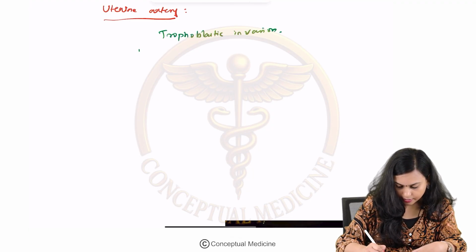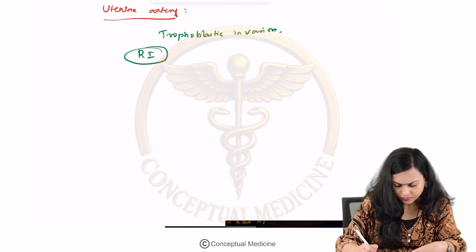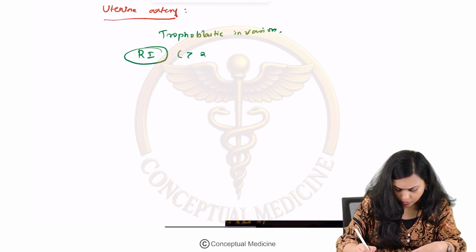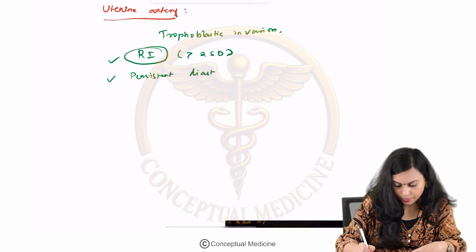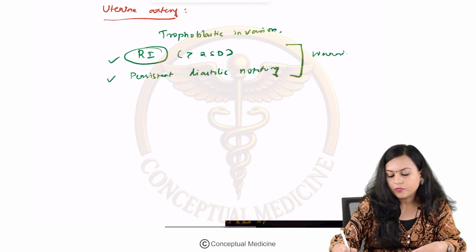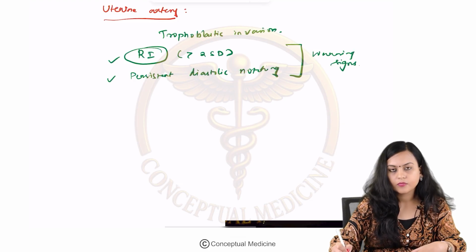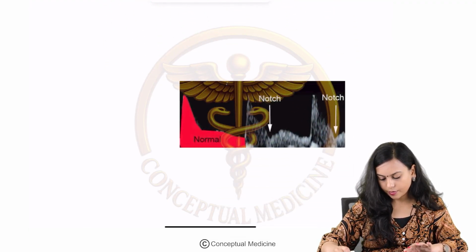And if there is elevated resistance in the uterine artery, suppose the resistance index in the uterine artery is more than 2 standard deviations, and there is persistent diastolic notching, then these are the warning signs. Clear?